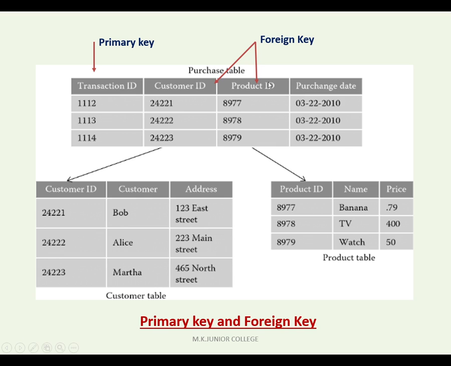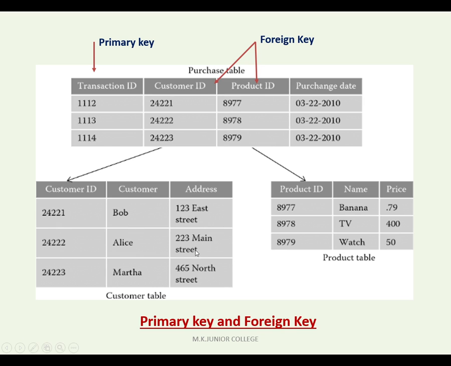Look at this. In this table, transaction ID is a primary key because it will be unique. And why are you managing customer ID and product ID? Because through customer ID I can create a relationship between the purchase table and the customer table. Through customer ID I will search in that table and get the information about the customer name and address.